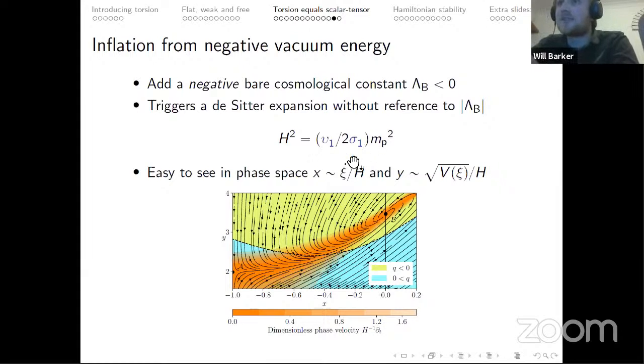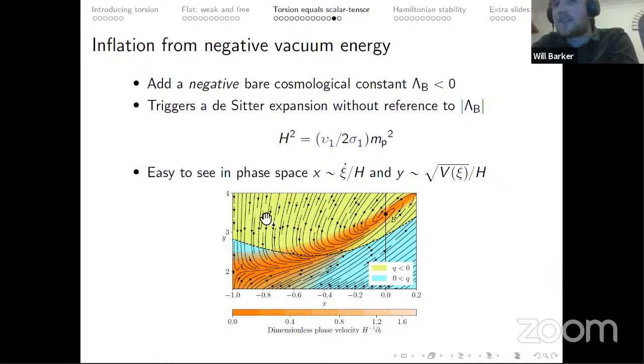Not only that, but the rate of the expansion is not related to the magnitude of the cosmological constant. It just depends on the ratio of the dimensionless couplings and whatever dimension you put into those couplings. That's quite strange, and you can see that we check this numerically here as well.